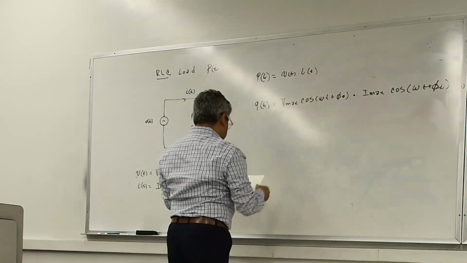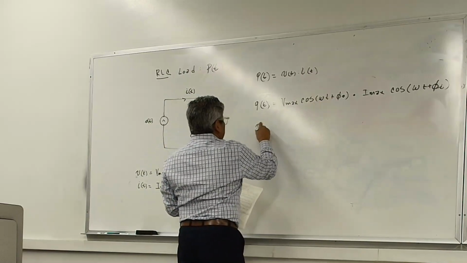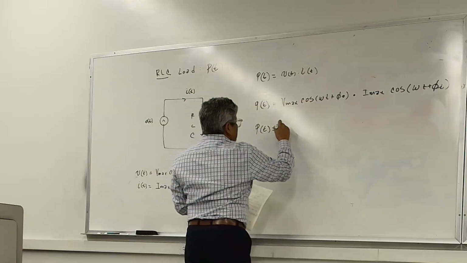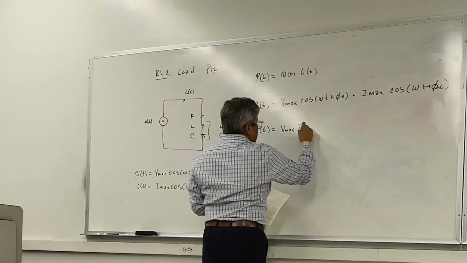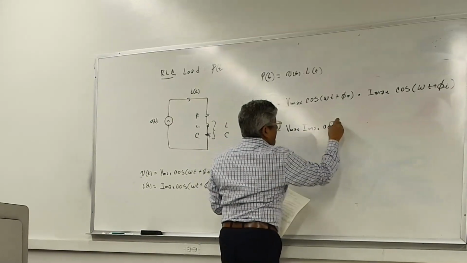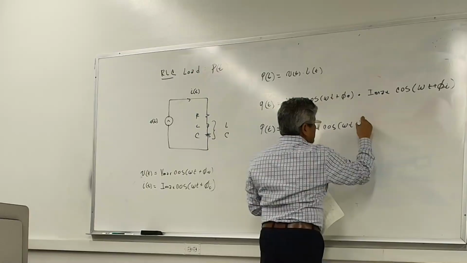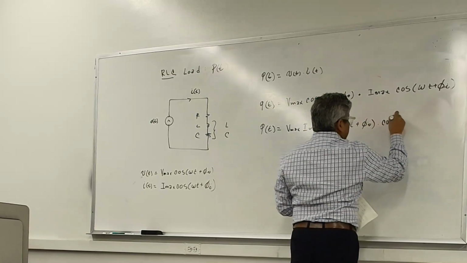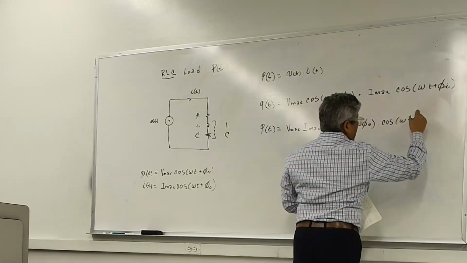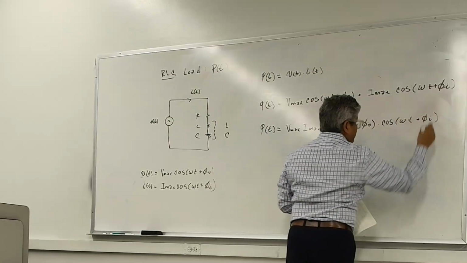If we start expanding this equation, we can say V max I max cosine omega t plus some angle phi V times the cosine omega t plus phi I.